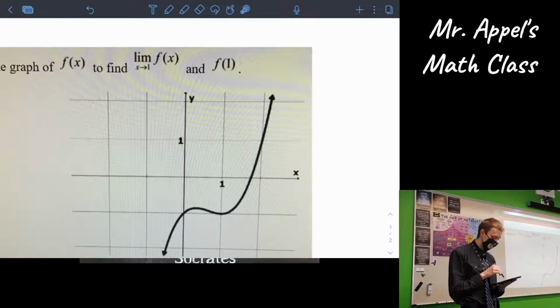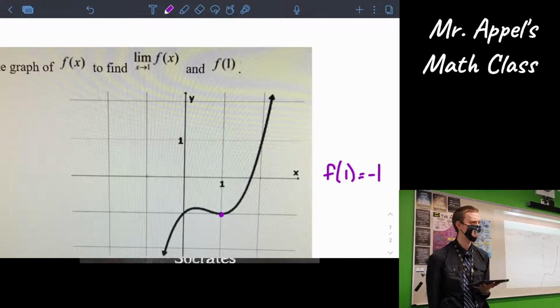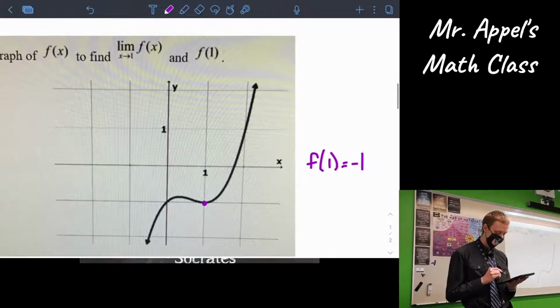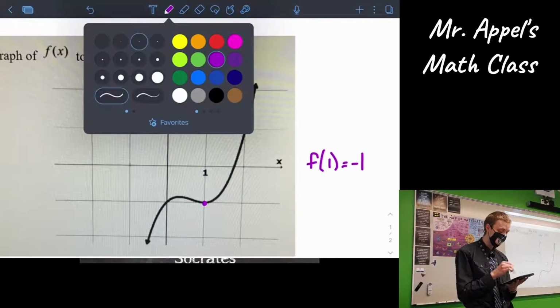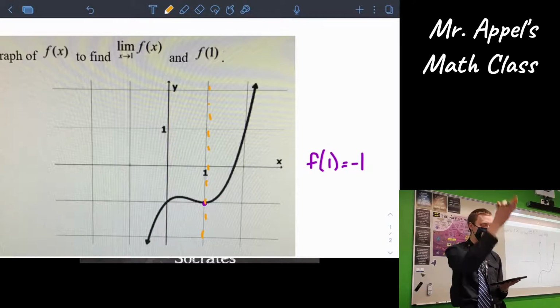Let's find out. F of 1. 1 is here. The function is right there. Looks like a -1. Okay, how about the limit? Well, to look at the limit on the graph, I need to go from the left-hand side, as I get closer and closer to, don't look at the graph itself, ignore that purple dot, look at the value when x gets to 1.